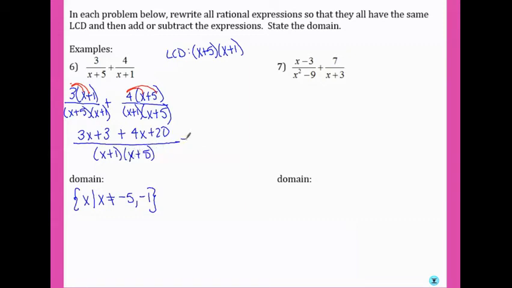And then combine like terms in our numerator. And we're finished because 7x and 23 don't have anything in common to factor out.